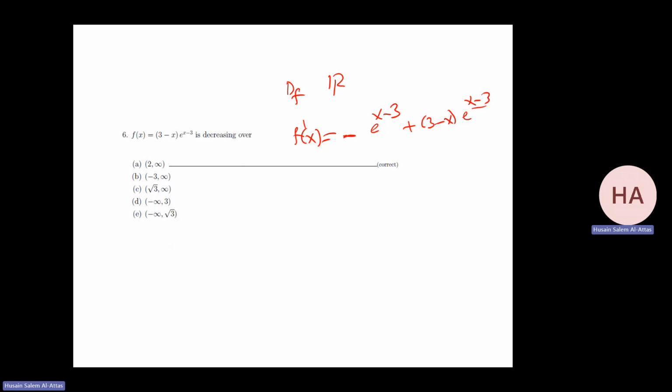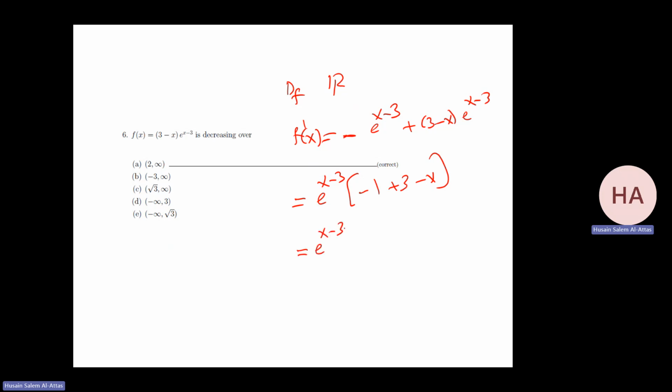Derivative of this is 1, so nothing to worry about. So I take e to the power x minus 3 as a common factor. I have what? Minus 1 plus 3 minus x. Yeah. Correct? I took e to the power x minus 3 as a common factor.